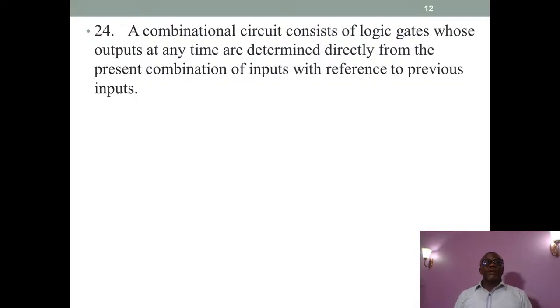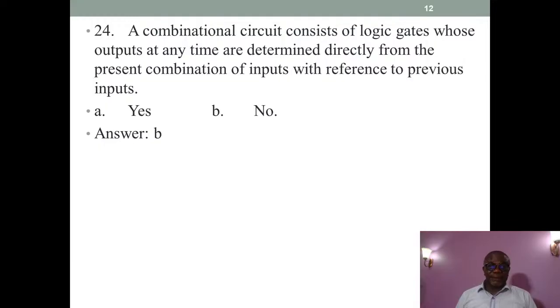Now, a combinational circuit consists of logic gates whose outputs at any point in time are determined directly from the present combination of inputs with reference to previous inputs. Yes or no, true or false? We say the answer is false.